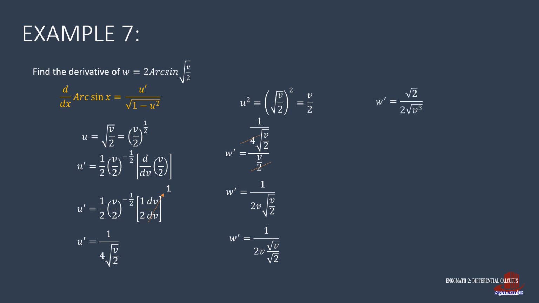This time, flip the denominator root of 2 into the numerator, and also place v's into a single variable to have w prime as the root of 2 all over 2, the root of v cubed. Again, with the radical sign in the denominator, we rationalize by multiplying root of v cubed. Thus, the final w prime equation turns out as the root of 2v cubed all over 2v cubed.